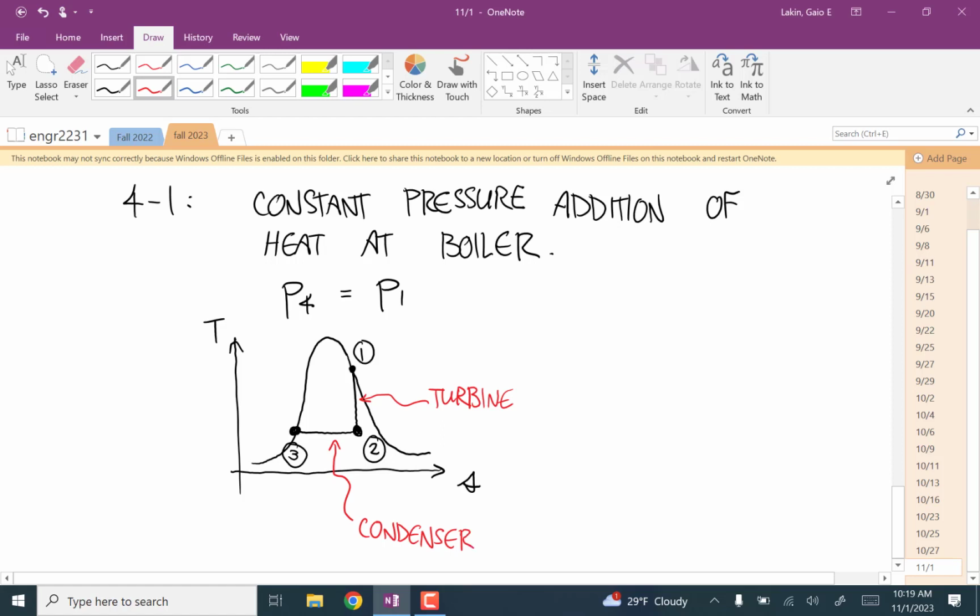And so coming out of the condenser, what's the phase of the working fluid? Saturated liquid, yep. And then it goes to the pump.